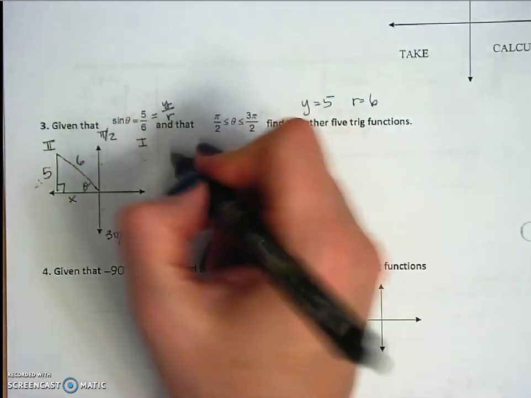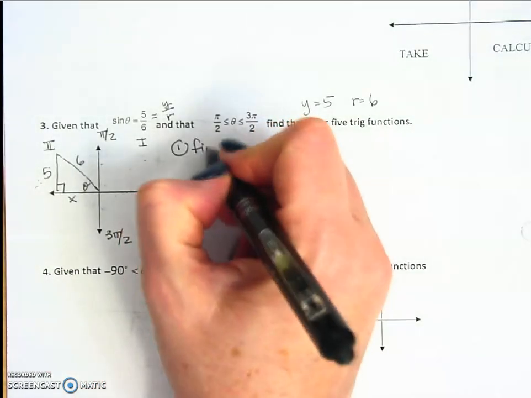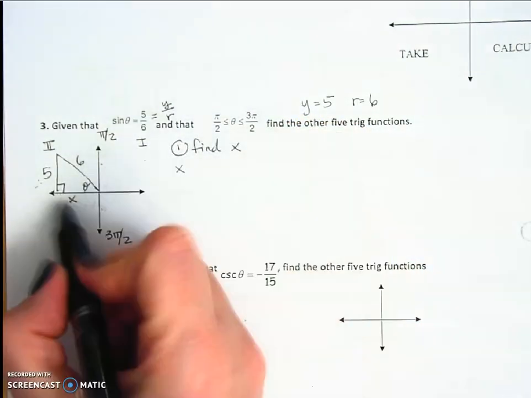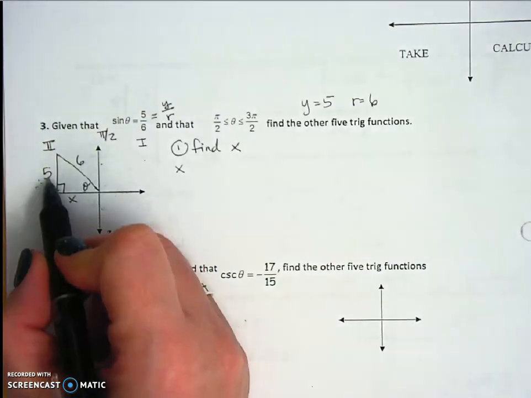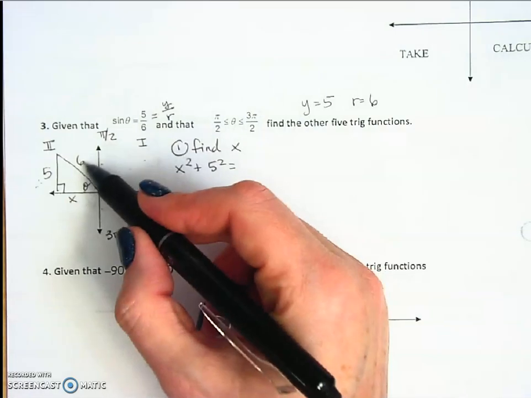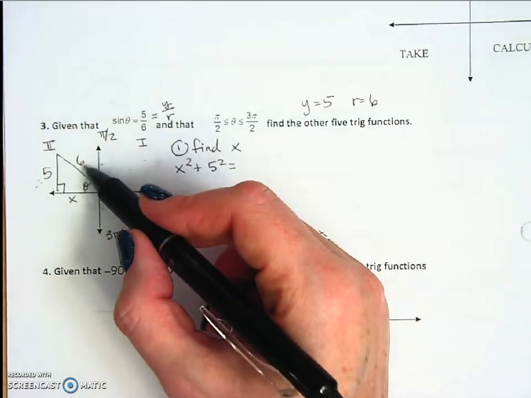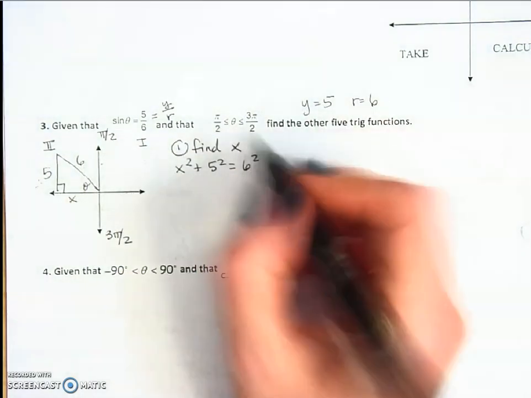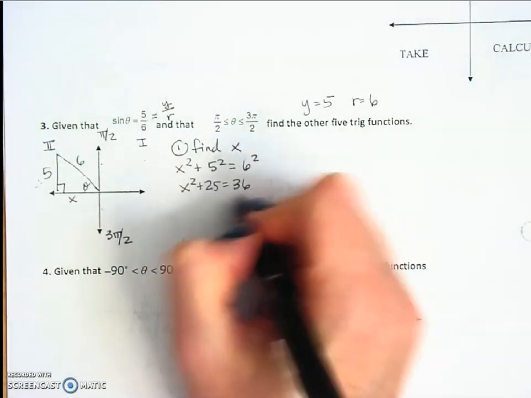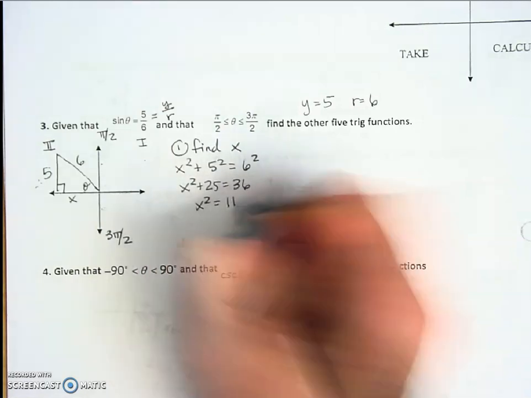So I need to start by solving for x. I go to my Pythagorean theorem. This time my a and b are x and 5. So x squared plus 5 squared equals c squared. C is the hypotenuse, which is 6, my r value. So I've got x squared plus 25 equals 36. Subtract 25 gives me 11.